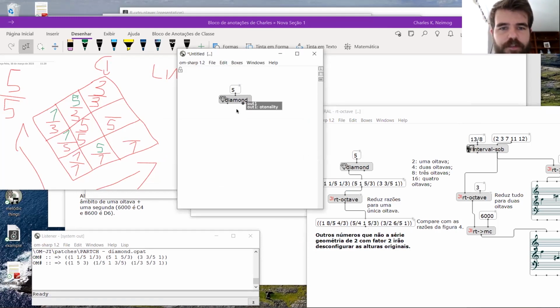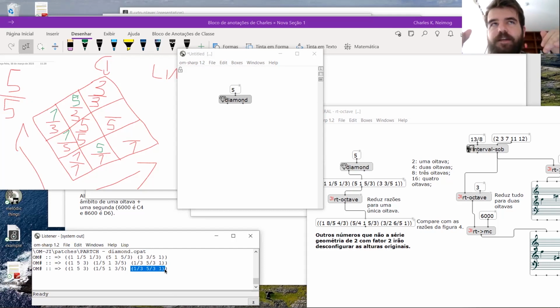In this outlet, we have the otonal chords: 1, 5, and 3; 1 by 5, 5 by 5, and 3 by 5; and 1 by 3, 5 by 3, and 3 by 3. All these 3 chords are the same chord. It's the same tuning, but with different fundamentals. Here the fundamental is 1, here 1 by 5, and here 1 by 3. So that is the concept, how it works.